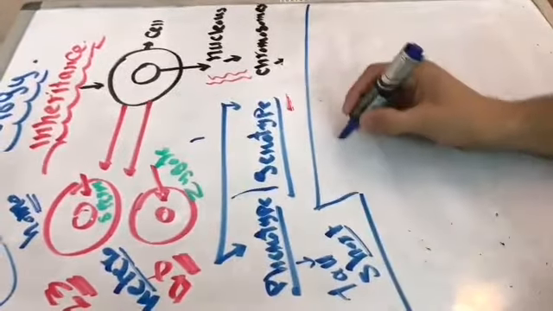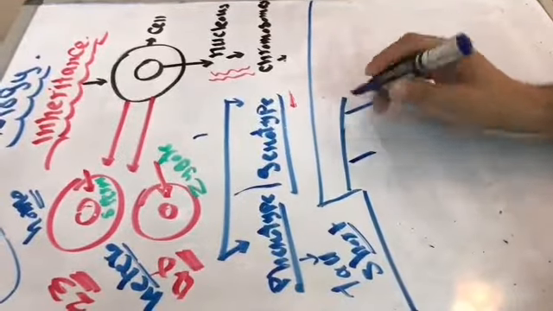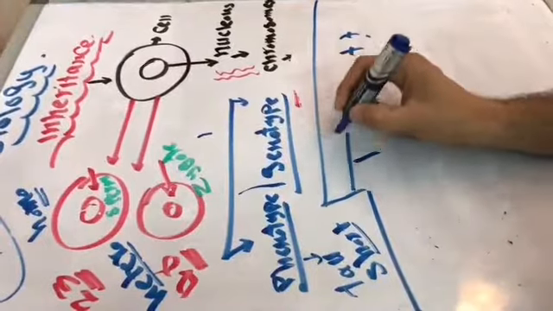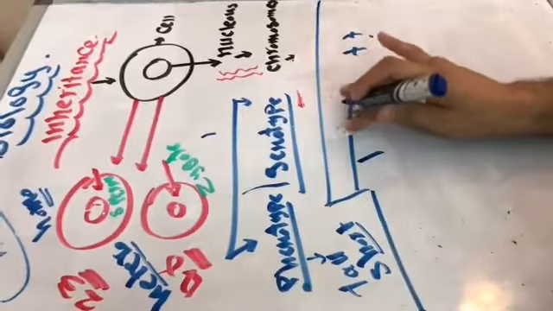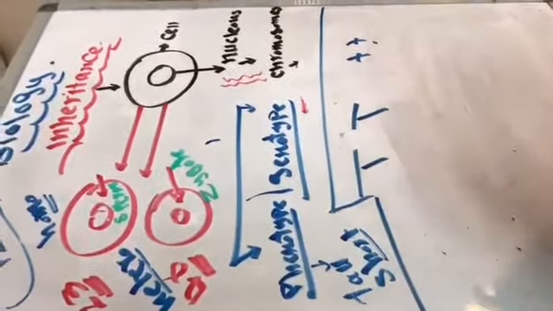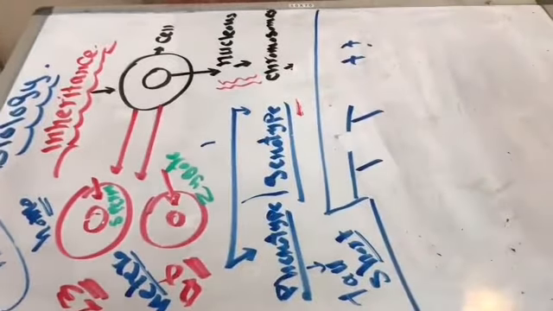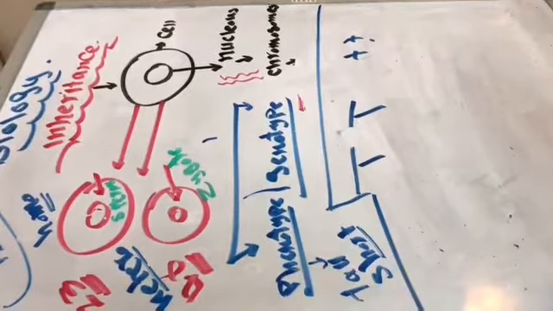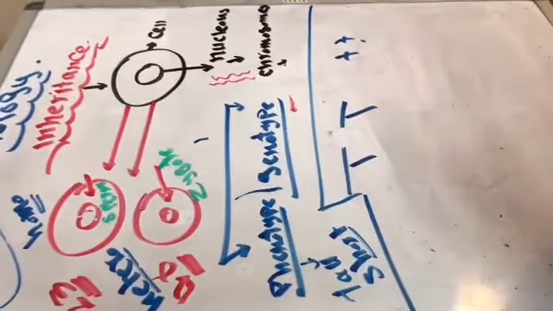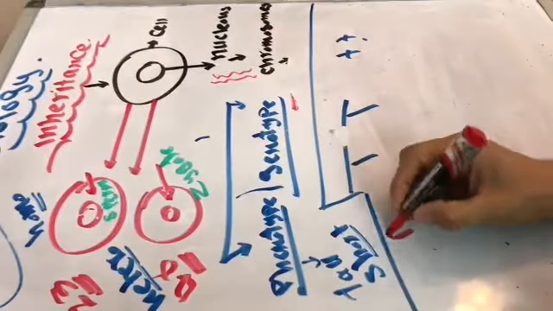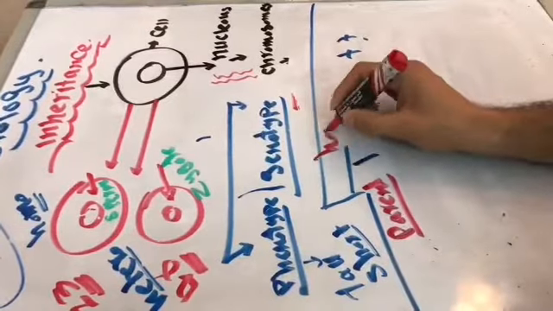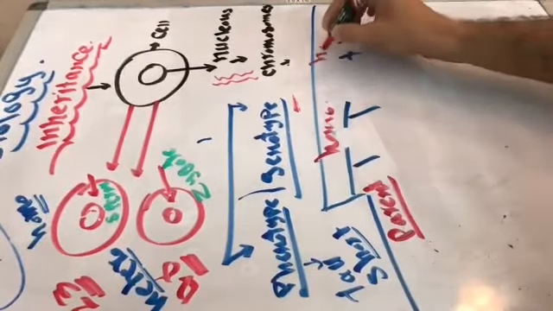Such as this: T large, T large, which is tall, and t small, t small, which is short. To understand inheritance, this parent is homozygous, and this one is homozygous.